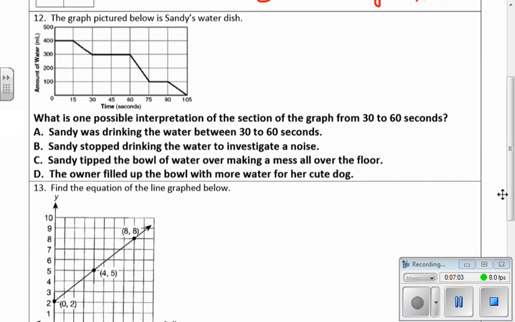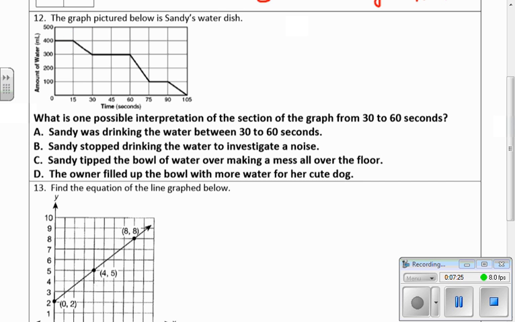Number 12, the graph picture below, Sandy's water dish. So I can see that the y-axis is the amount of water, the x-axis is the number of seconds. So you can see that from 0 to 15 seconds, the water didn't change, so nothing's happening. From 15 to 30 seconds, the water went down. So I think we can assume that Sandy, the dog, has drank some water.